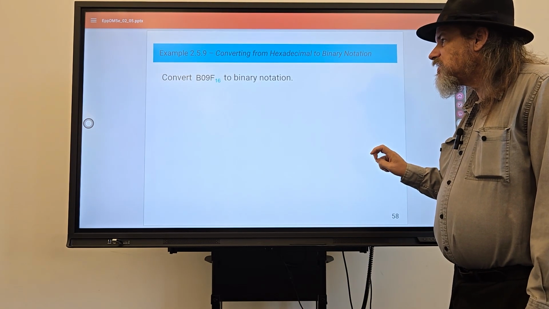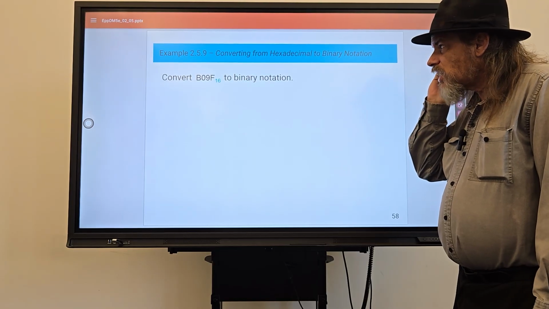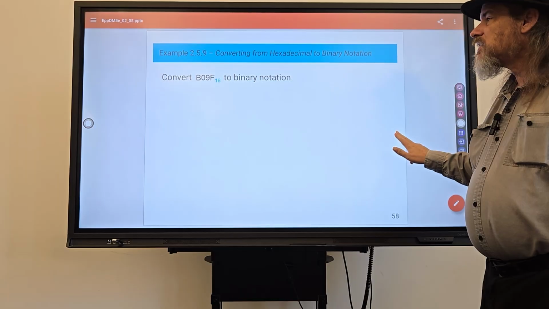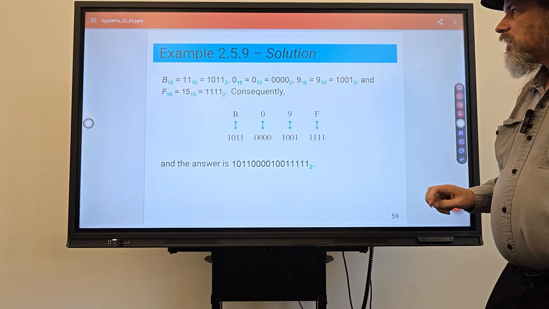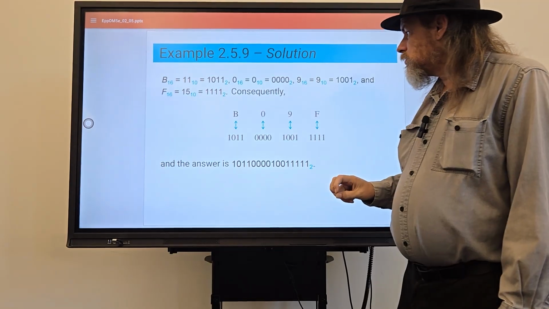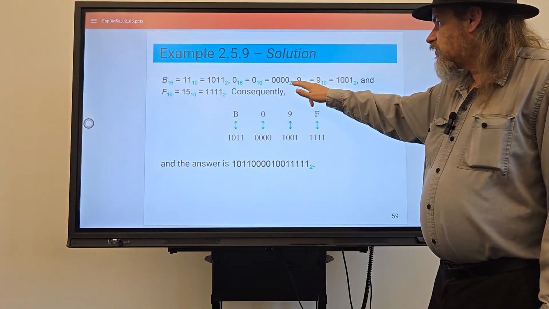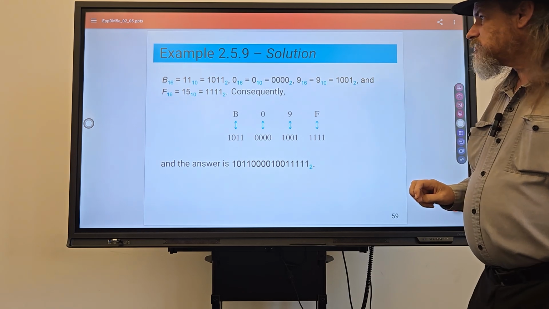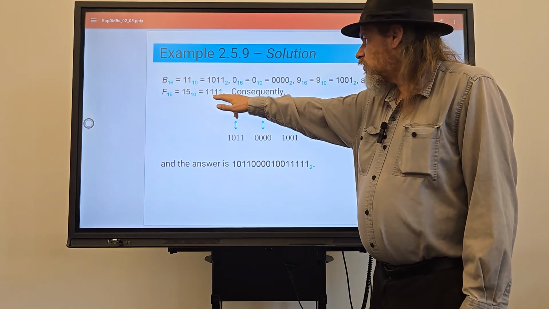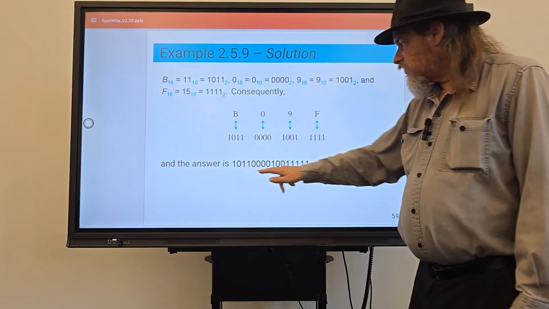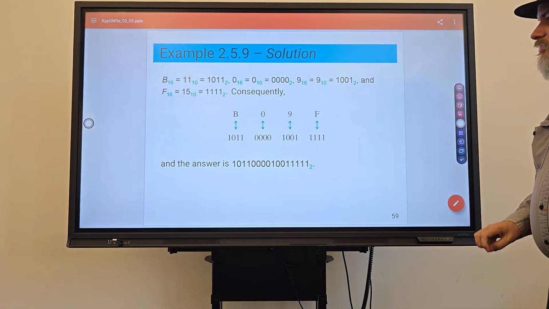So B09F in binary would be 1011 for B, 0000 for 0, 1001 for 9, and 1111 for F, which gives you the answer here.